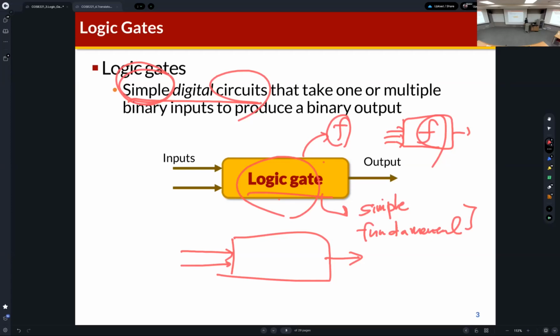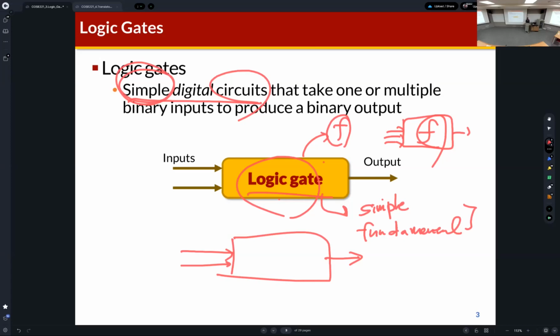Okay, so I will briefly review what we learned in the previous class. So, what did we learn? We learned about the basic logic gates of digital logic design. So then, what are logic gates?